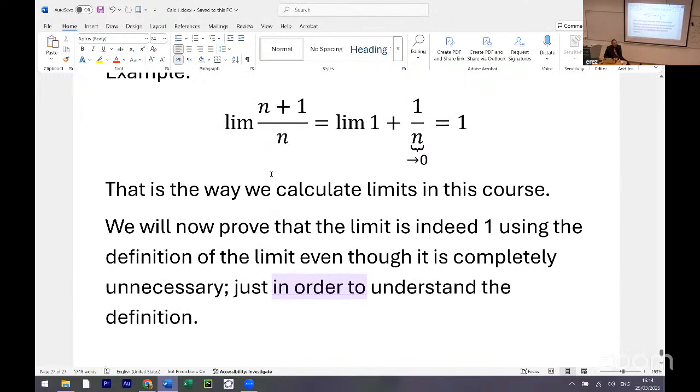Okay, so for the last time, my purpose is for you to be able to understand the definition of a limit for now.